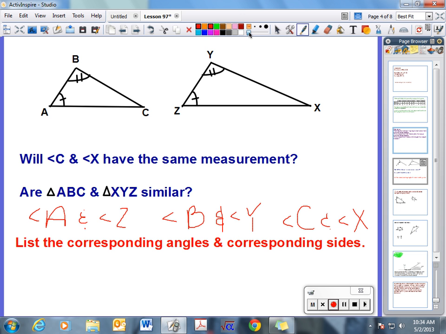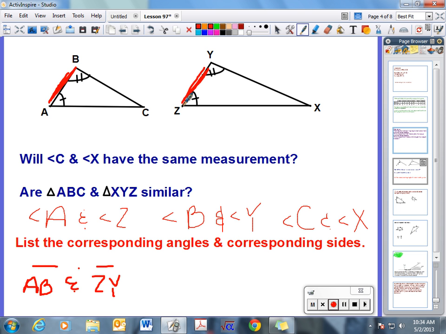Okay. Now let's look at the sides. For the sides, segment AB would correspond to side ZY, because it's between the two corresponding angles. This one is between the angle with the one congruency mark and the two, and the same thing here.